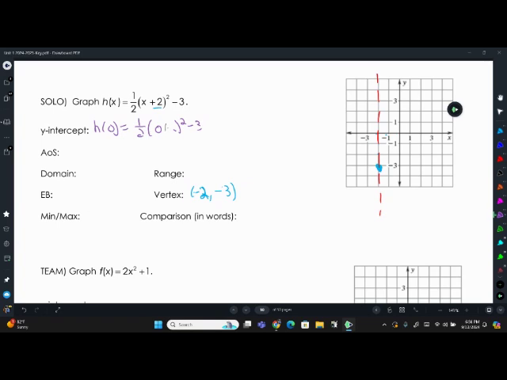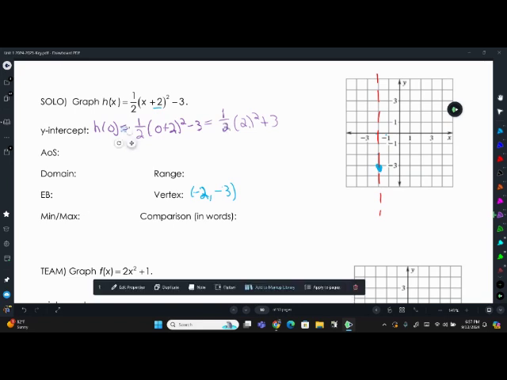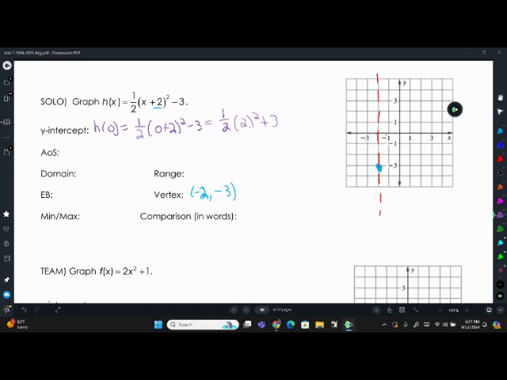All right, so we simplify this. 1/2 times 2 squared minus 3. 2 squared is 4 times 1/2 is 2. Minus 3 gives us negative 1. So our y-intercept is 0, negative 1.